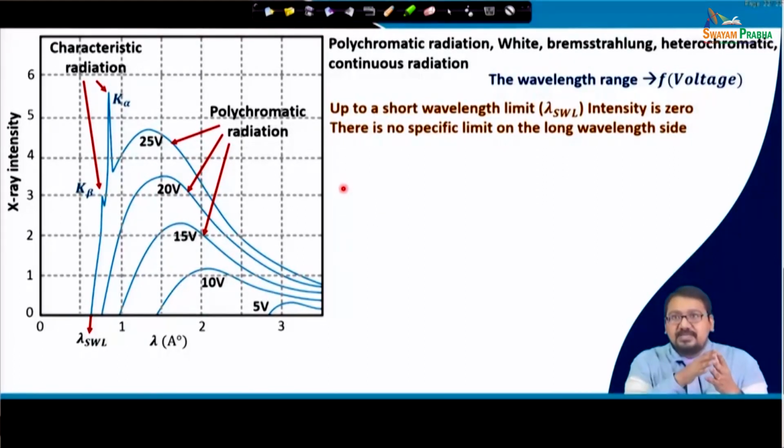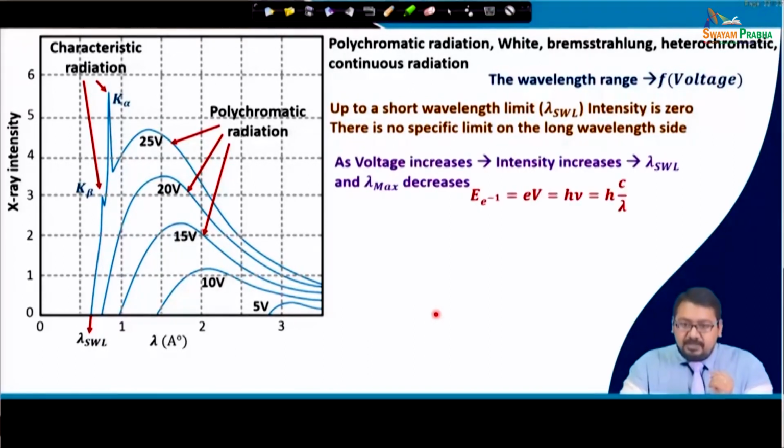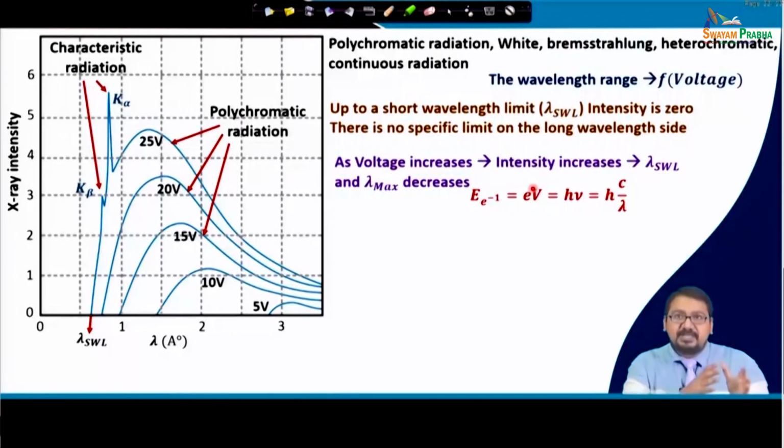On the right side, where the energy keeps decreasing, there is no specific stop. So as the voltage increases, the intensity increases, and the lambda SWL and the lambda maximum decrease, and this is given by these equations.